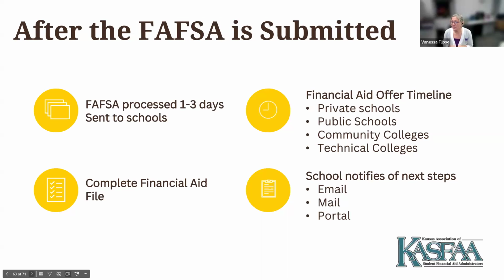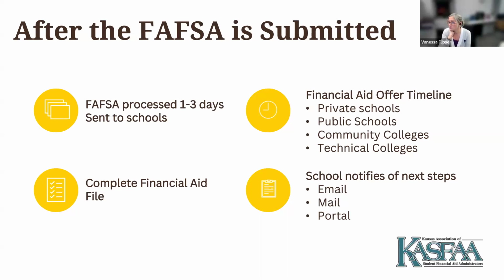When they do have it and they've pulled it into their system, the school will then let you know of any documents that are needed to complete the financial aid file. The school will notify you of your next steps.